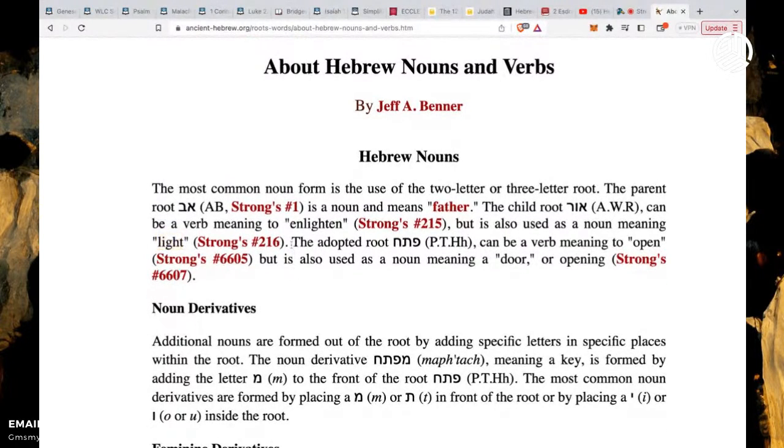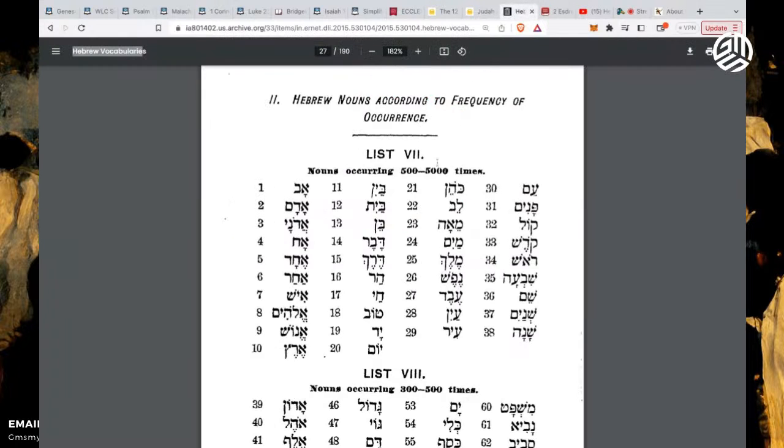It says the adopted root can be a verb meaning to open, which is patach, but is also used as a noun meaning door. So this is the importance of understanding the root words, because you have 3-letter words that can be used as nouns or verbs.